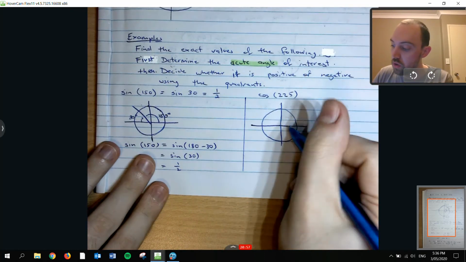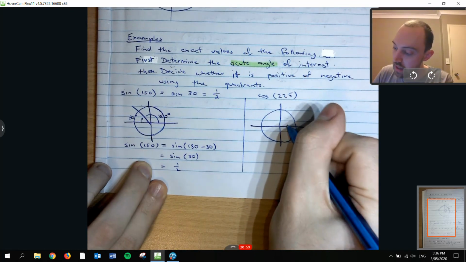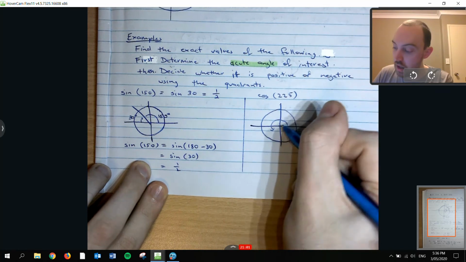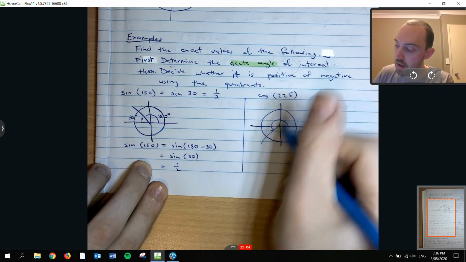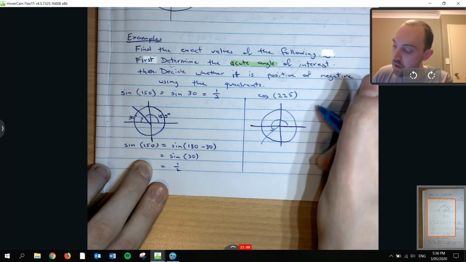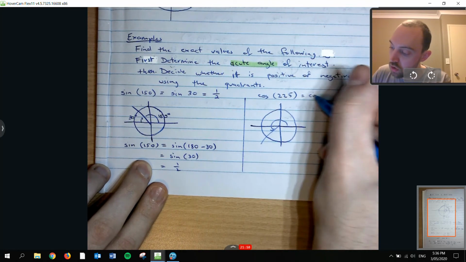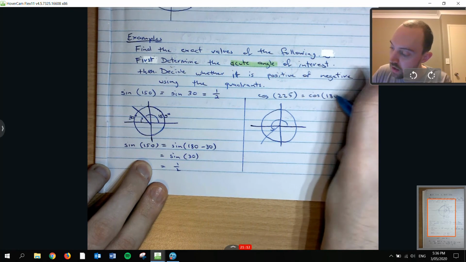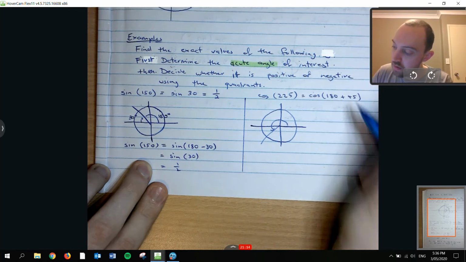So again, 225 is bigger than 180, somewhere about there. Note that 225 is the same as 180 plus 45.